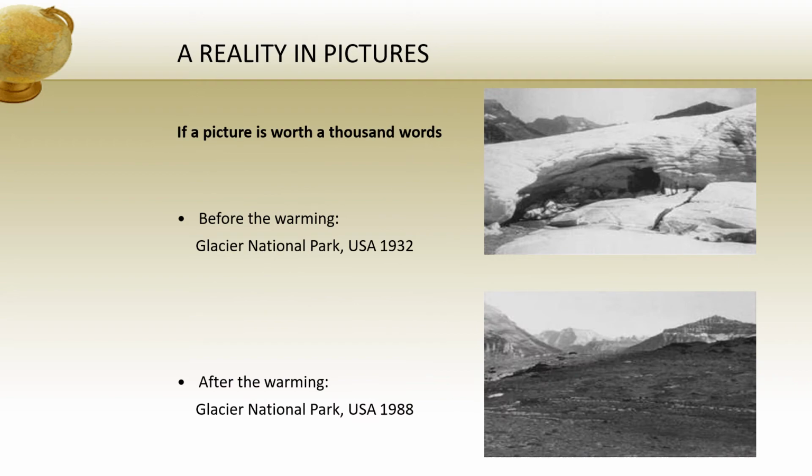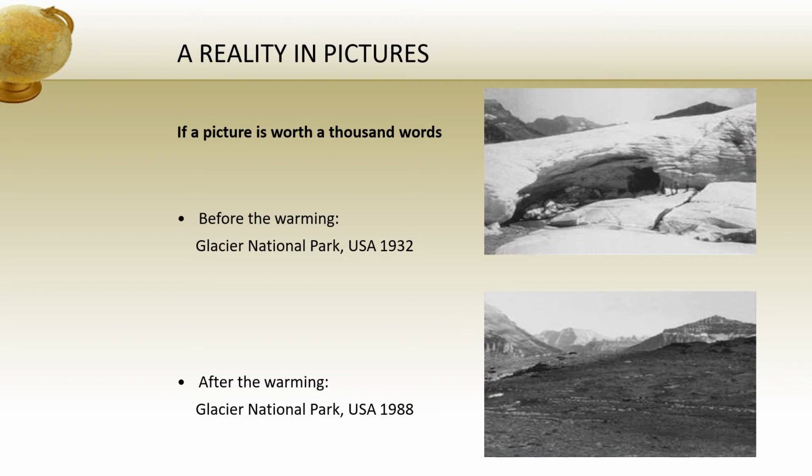Now students, in this slide you can clearly see two pictures of the same place. It is of Glacier National Park of USA, and the upper picture is of 1932 when the glacier was present in this national park. This is before the global warming.